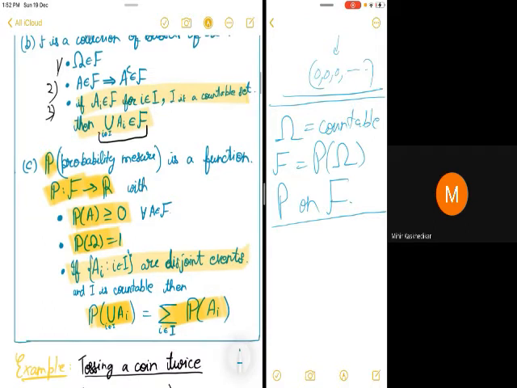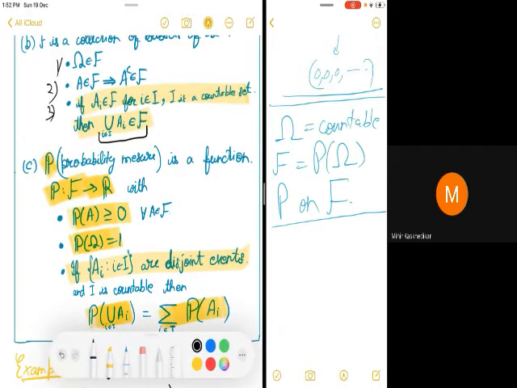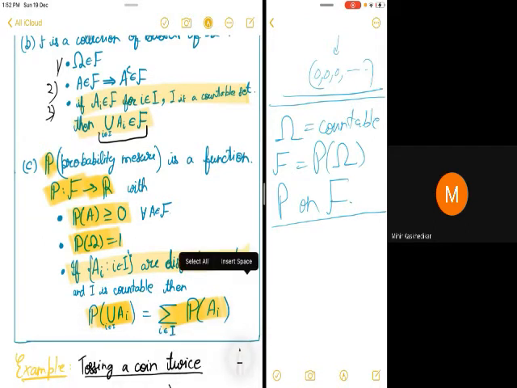The key thing will be this third property: if we define probability measures on basic sets, then by taking countable unions, the probability of a countable union of those basic sets is already predefined by our probabilities.